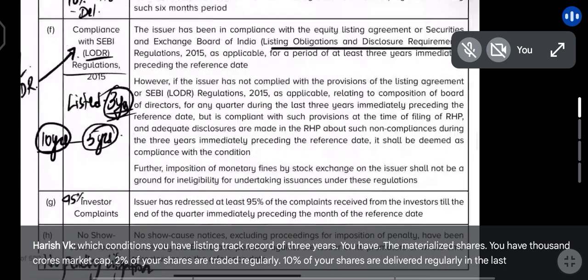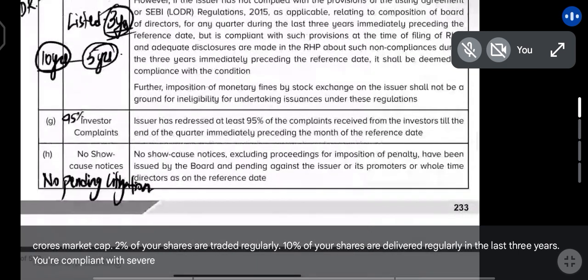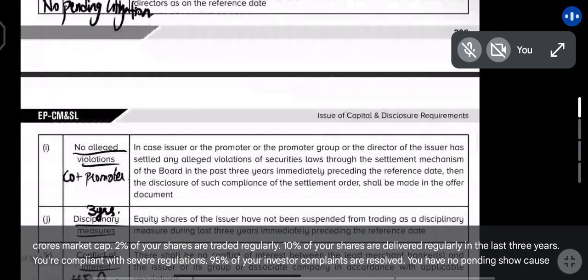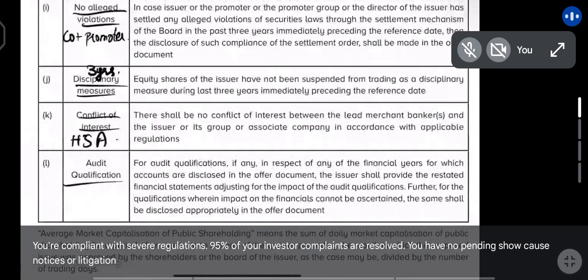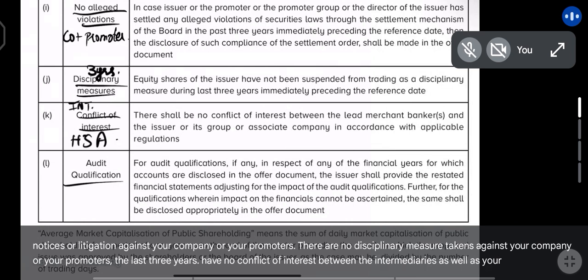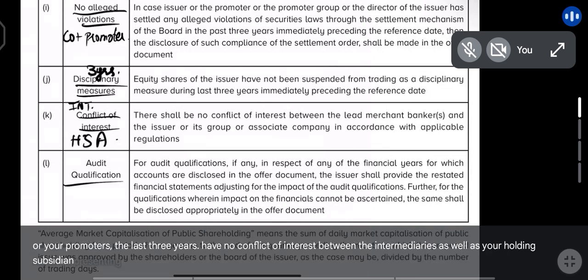In the last 3 years, you're compliant with SEBI regulations. 95% of your investor complaints are resolved. You have no pending show cause notices or litigation against your company or your promoters. There are no disciplinary measures taken against your company or your promoters in the last 3 years. You have no conflict of interest between the intermediaries as well as your holding subsidiary and associate companies, and your auditor agrees with the same.